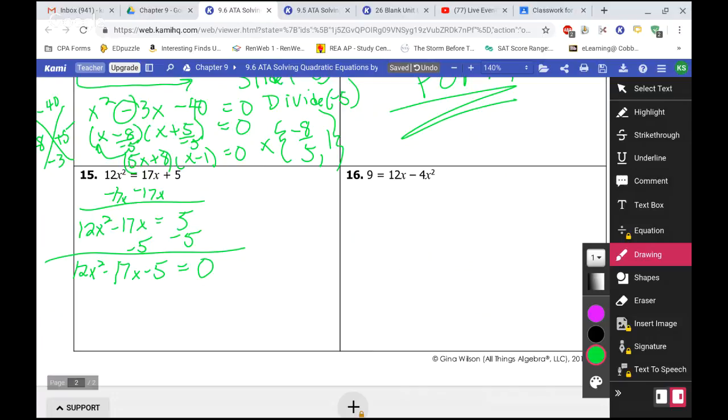To get it in standard form, you're subtracting the 17x and moving it. Yes, just like we did on the other worksheet. To move things from one side of an equation to another side of the equation, you just use the inverse operation, just like we talked about on the other sheet.